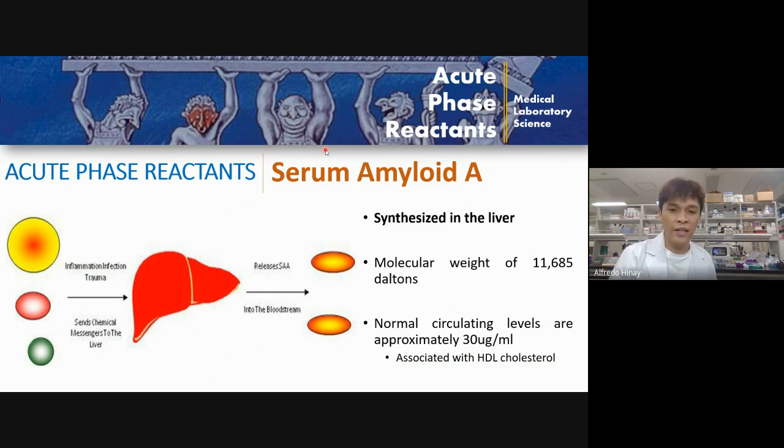Then normal circulating levels are approximately 30 micrograms per ml, and they are associated with your HDL cholesterol. The association of the serum amyloid A to your HDL, I'll leave that to your clinical chemistry.